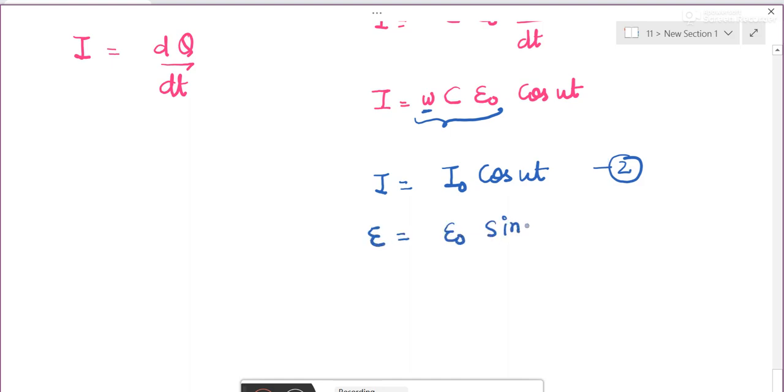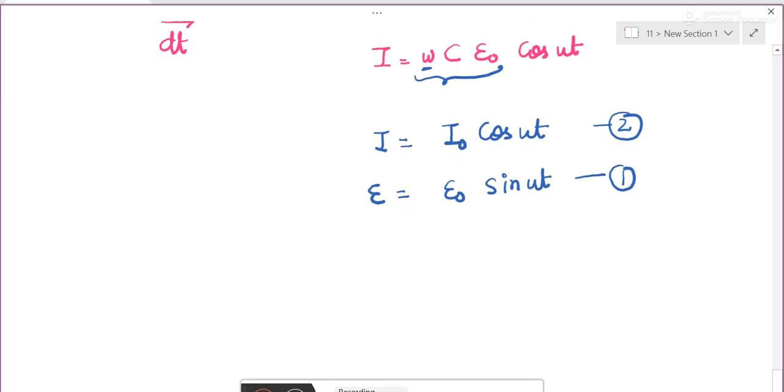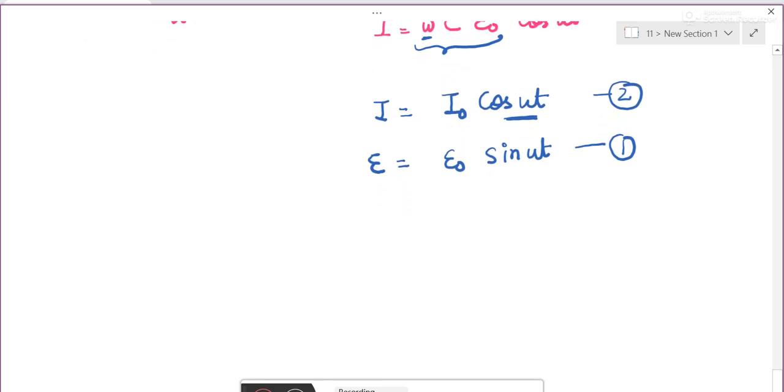So I've got both, but then they should be converted into sine. So how to convert? I will write those things again: sine of 90 plus theta is cos theta, and sine of 90 minus theta.